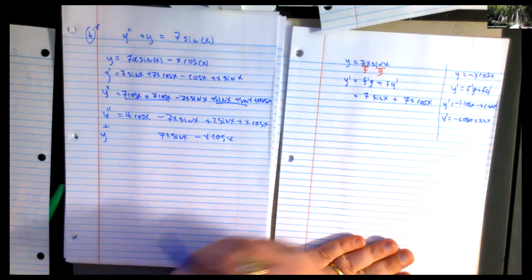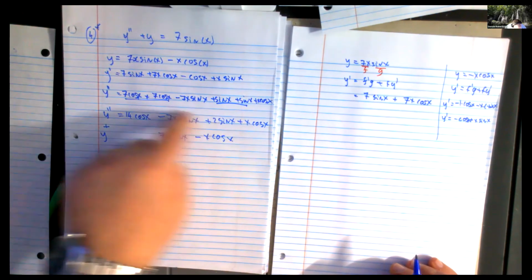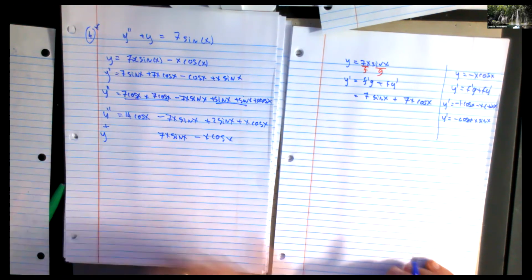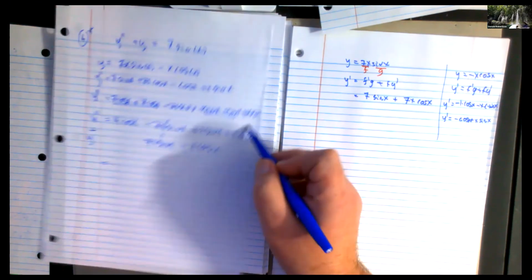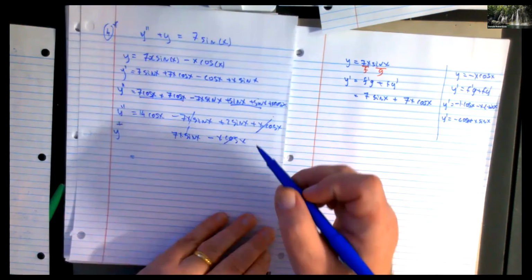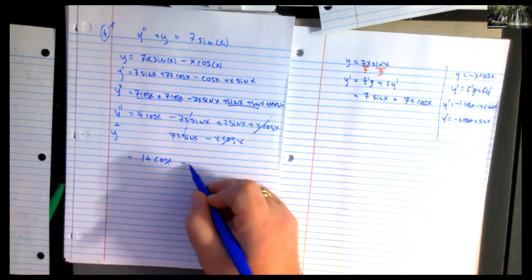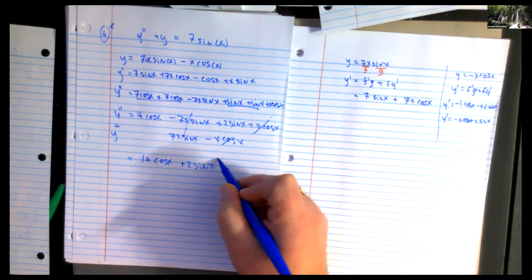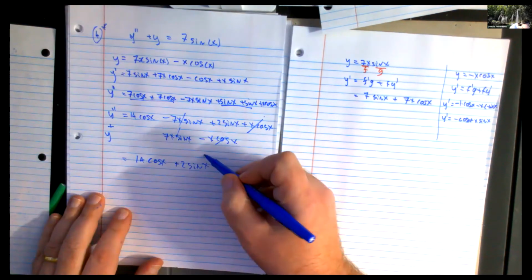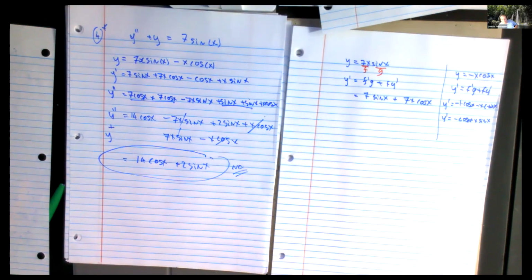Let's see what we get when you take this second derivative and add it to this y value. Well, that cancels, that's nice, and this cancels. But after all that hard work, it doesn't fit. So it's not a solution.